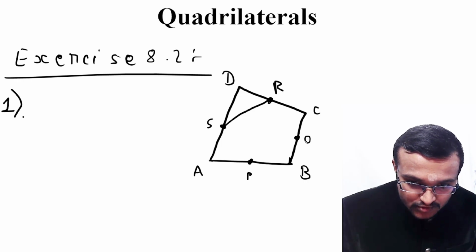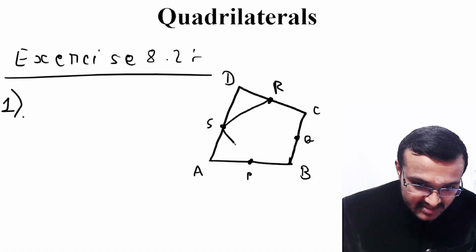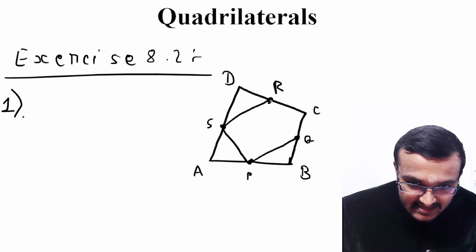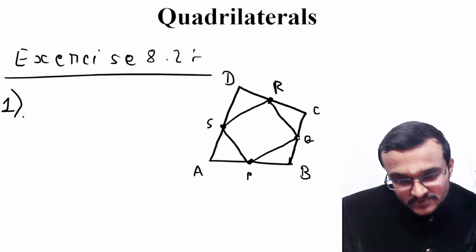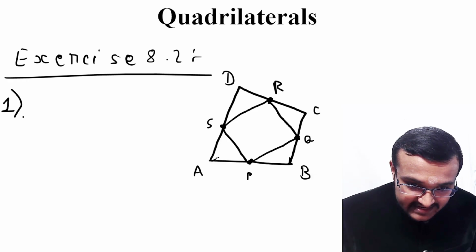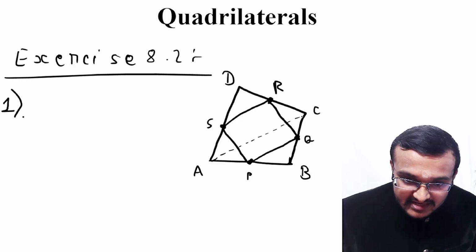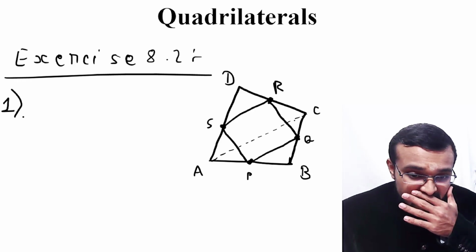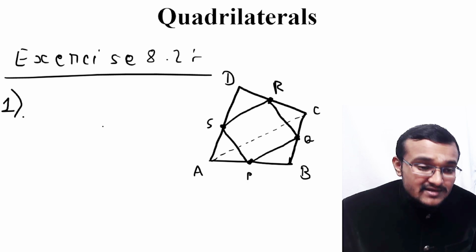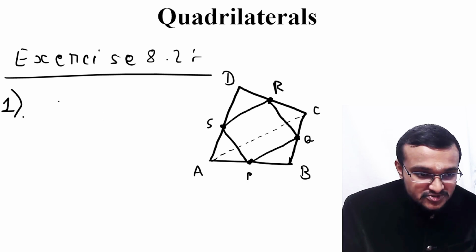SP, PQ and RQ are also connected, and we have one diagonal AC. Based on this data, we need to prove three things in this first question.